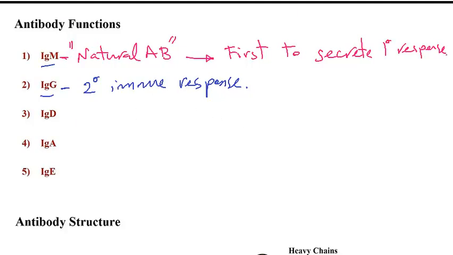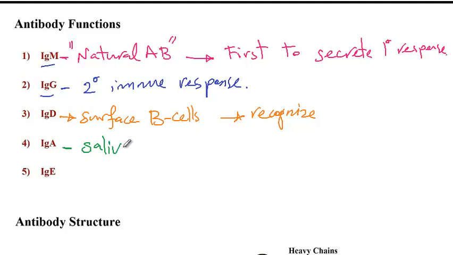Now, the other form of antibodies that we have here include IgD, and this is basically found on the surface of B lymphocytes to help recognize antigens. So basically these are receptors on the surface of B cells. Next we have IgA, which is the type of antibody that is found in body fluid secretions. Like for instance, it is found in the saliva and in mother's breast milk.